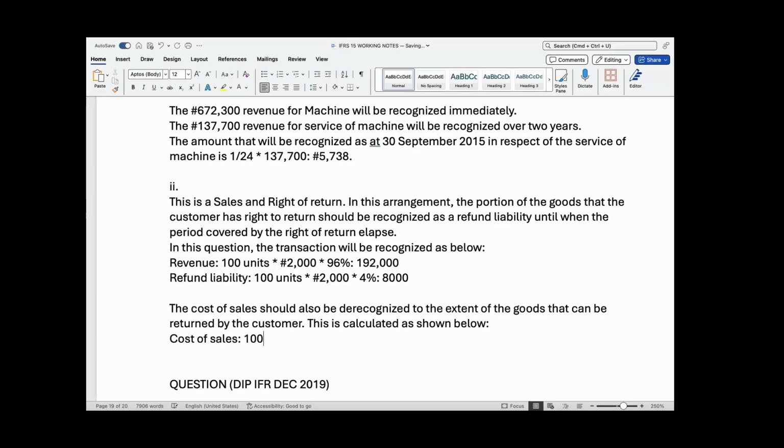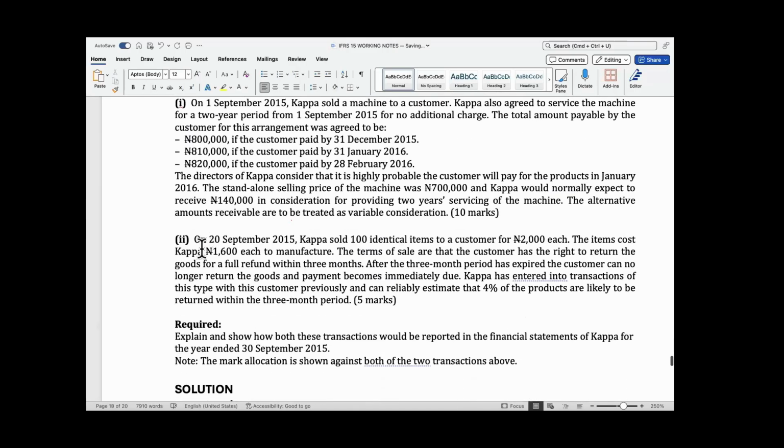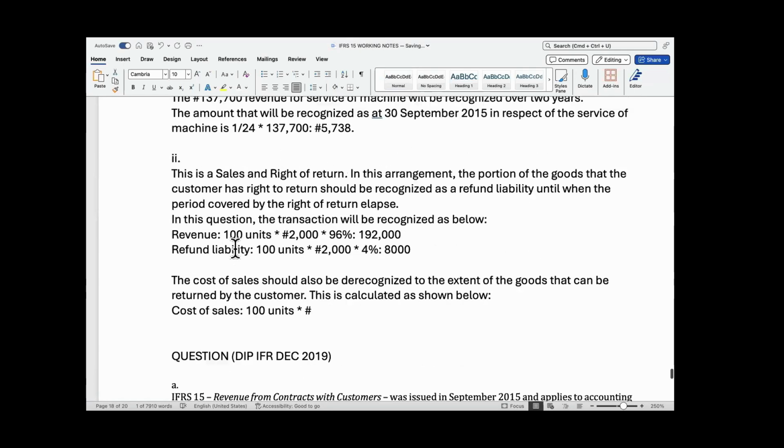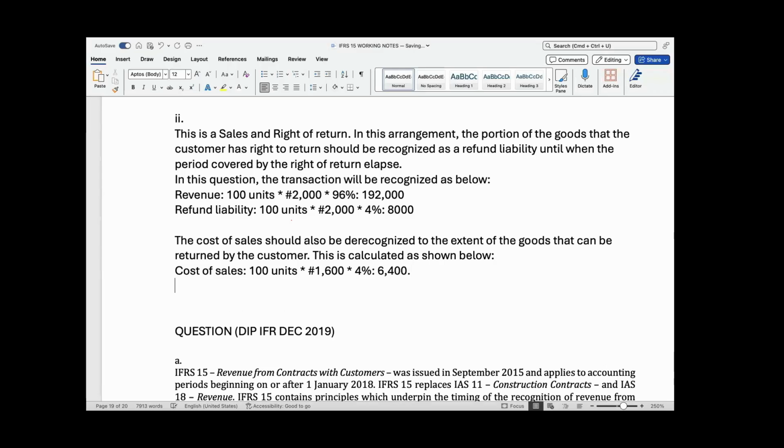So I know that is 100 units. What's the cost of sales? Cost of sales is 1,600 times 4%. So how much are we taking away from cost of sales? 6,400. Right.